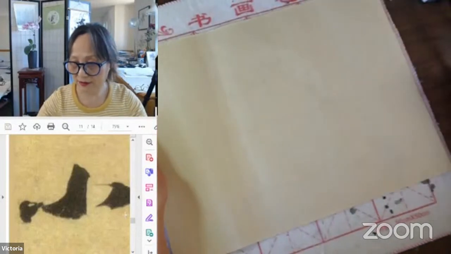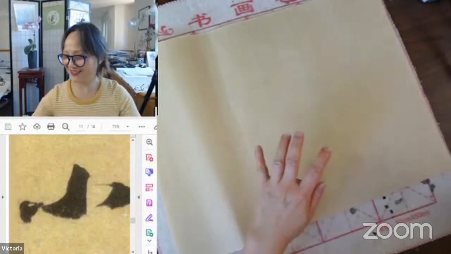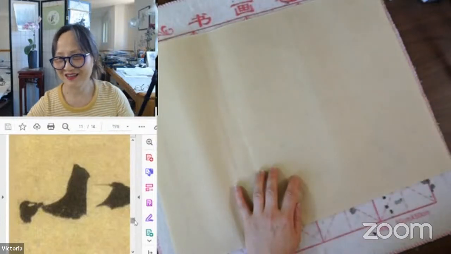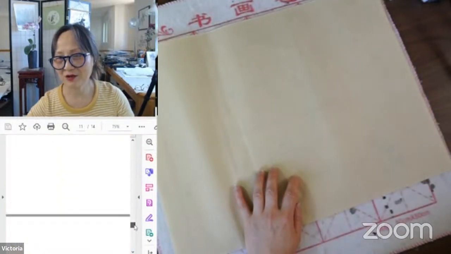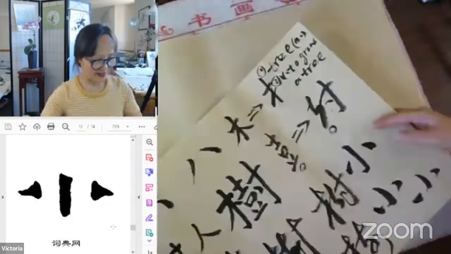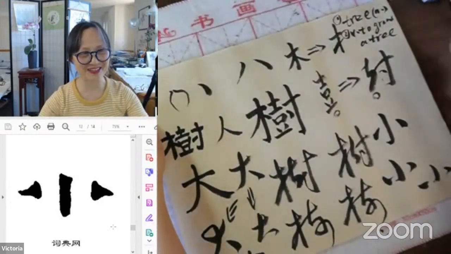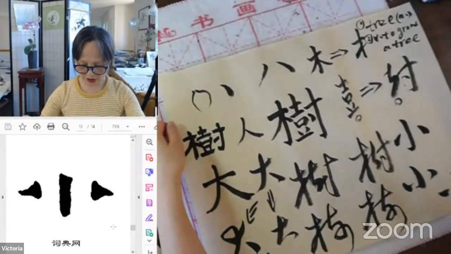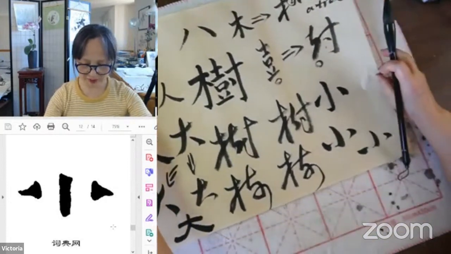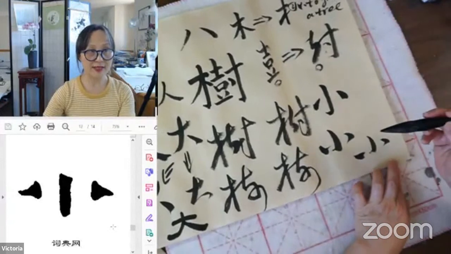Yes, Victoria, I think you didn't do the clerical for Xiao. I watched the time, and I want to do some tree. Okay, Xiao. That's very typical clerical style for carving, as we said.